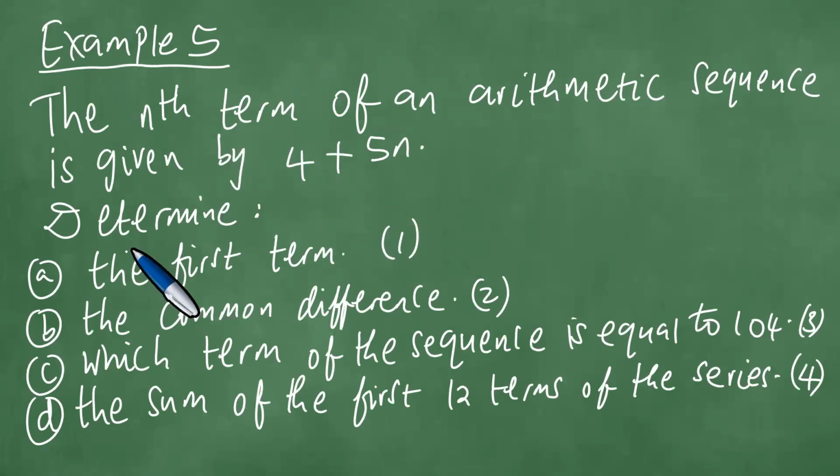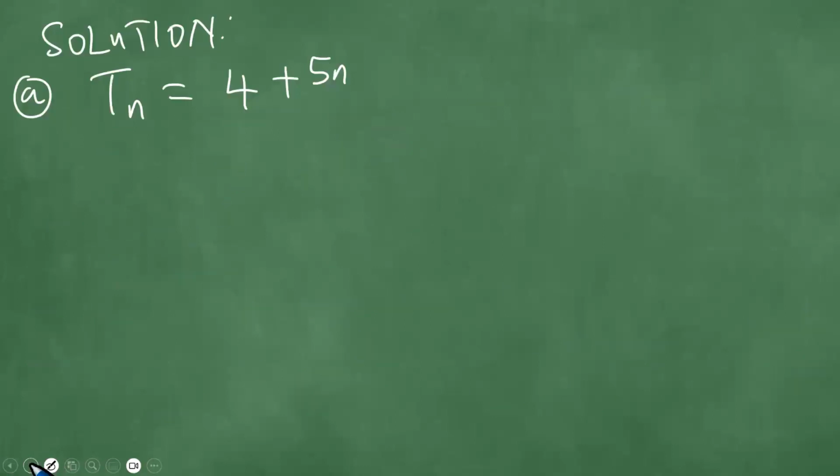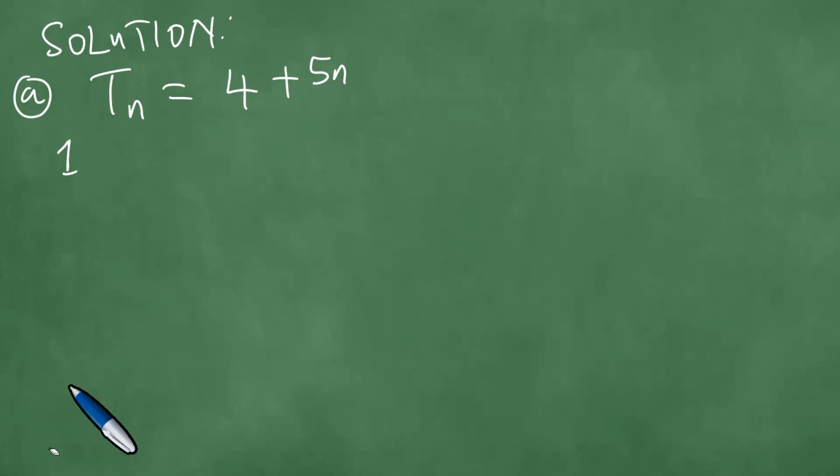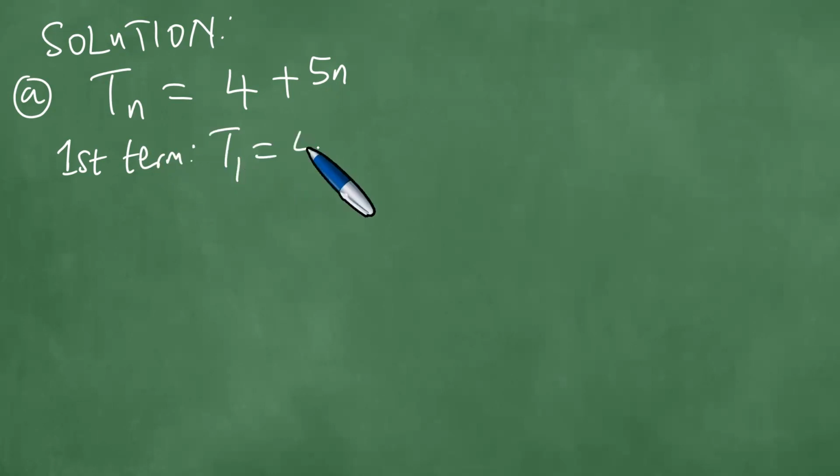Now, what are we supposed to do? To determine the first term. How do we find the first term if this one is given? They've given the formula and they're saying find the first term, which is T1.